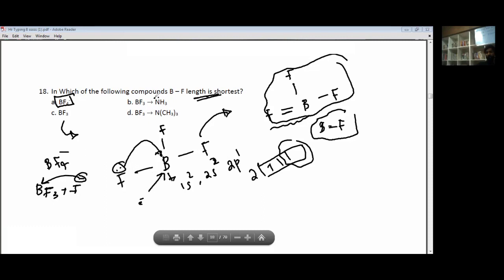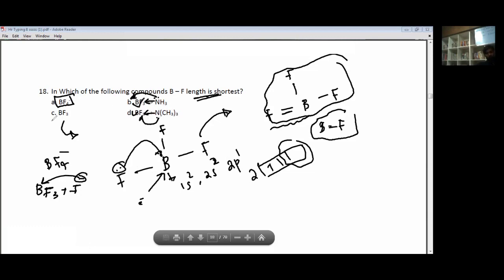Exactly the same here: there is a coordination of an electron pair from nitrogen to boron, so there is no chance for back donation from fluorine. These donations are from an external agent.